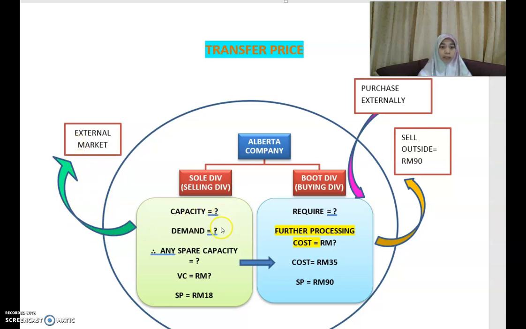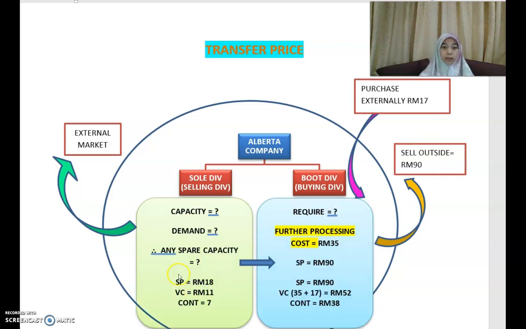What about the capacity? What about the demand? If there were any spare capacity, what is the variable cost? What is the selling price? In this case, the sole division's selling price is 18 ringgit. If the selling price given in the question is 18 and the variable cost is 11, you will get a contribution of 7.